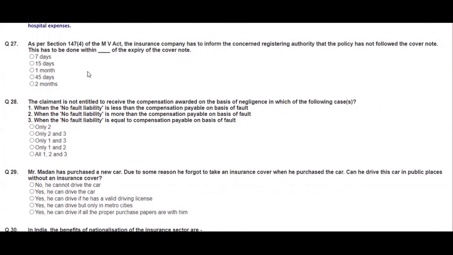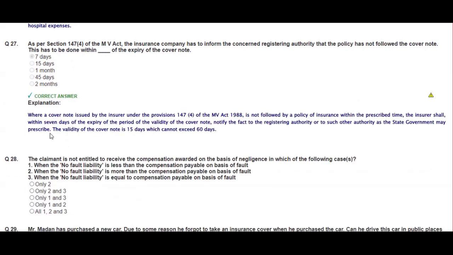As per section 147(4) of the MV Act, the insurance company has to inform the concerned registering authority that the policy has not followed the cover note. The cover note will expire within 7 days.